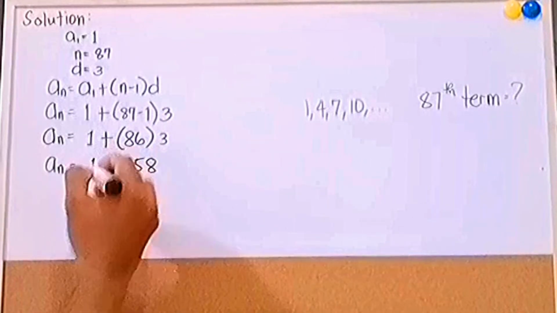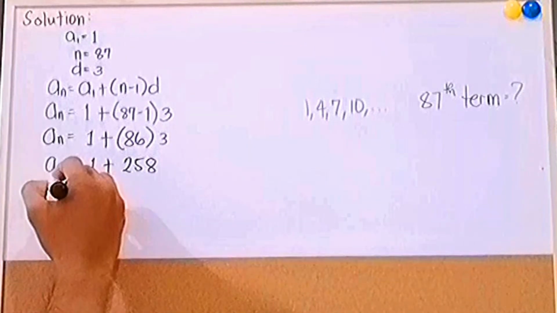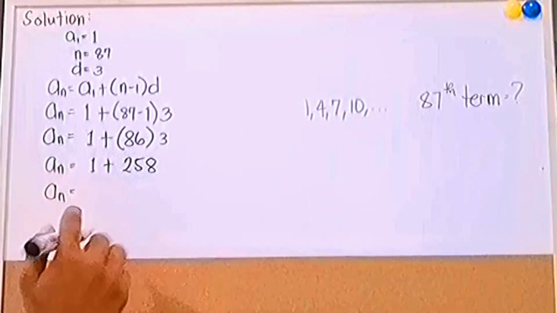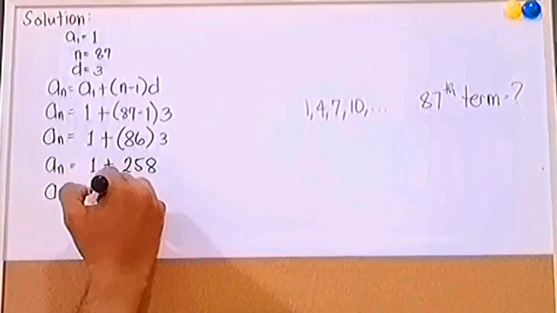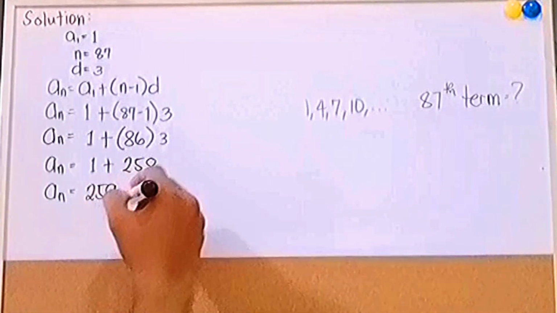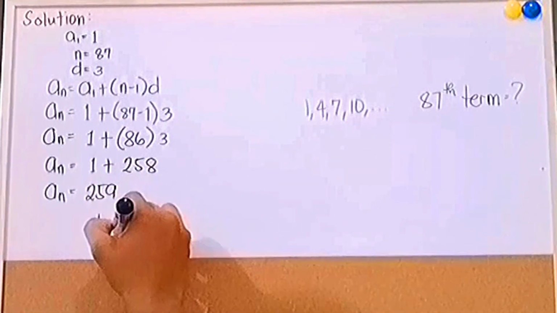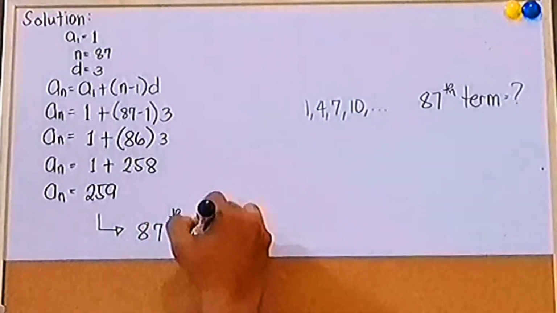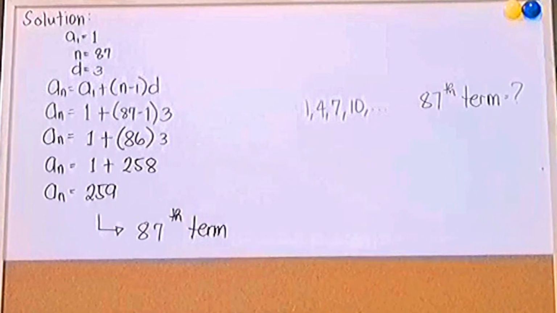And then copy what is left. Next, 1 plus 258 is 259. And that is the 87th term.